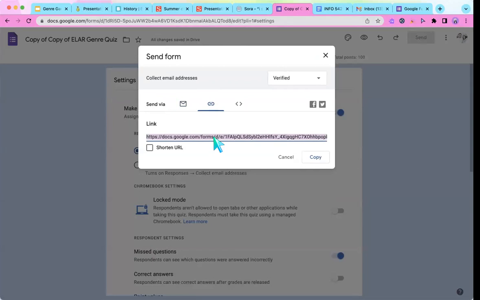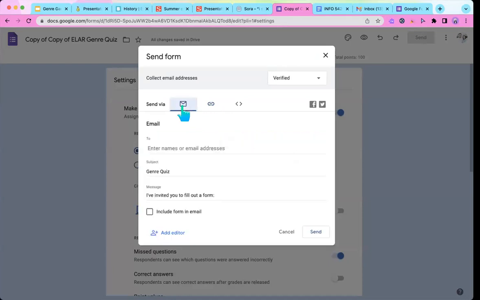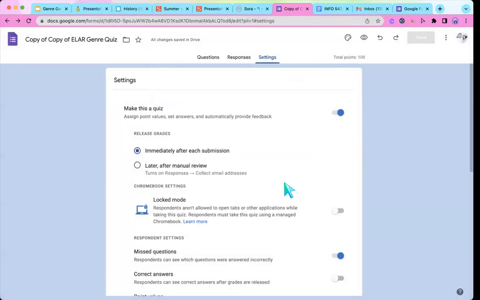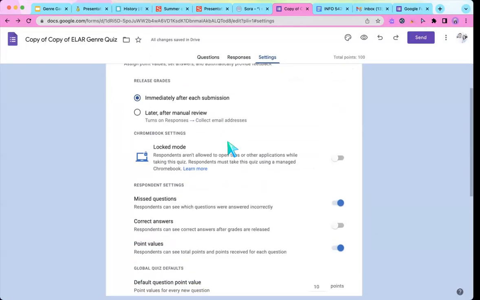See, go to the other one then. Try the other one. That one, the little arrows one. It should give you the opportunity to share with everyone. Click cancel. Settings, okay, scroll down.